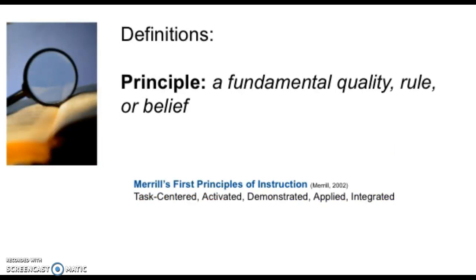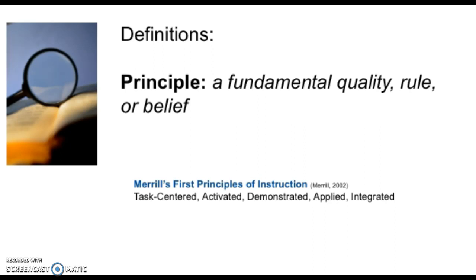Then our final definition that we need is a principle. A principle is a fundamental quality, rule, or belief. Principles are requirements, so to speak, of how to make something happen. They can be descriptive and prescriptive. Sometimes, though, you will hear people use terms like principles, theories, and models interchangeably, but you should understand that there are subtle differences between them as you are designing instruction.